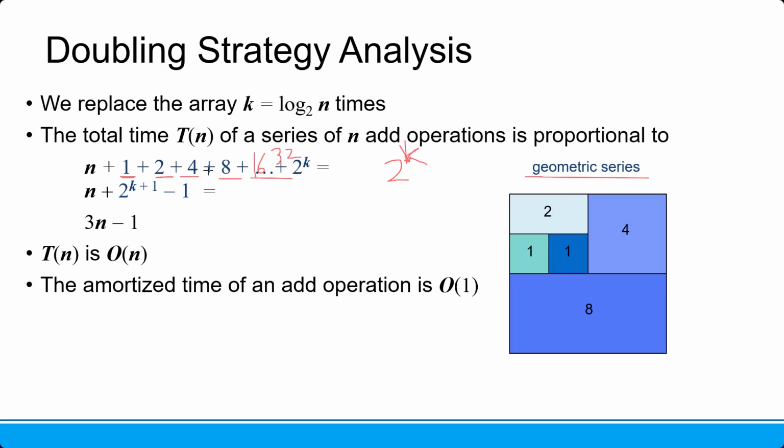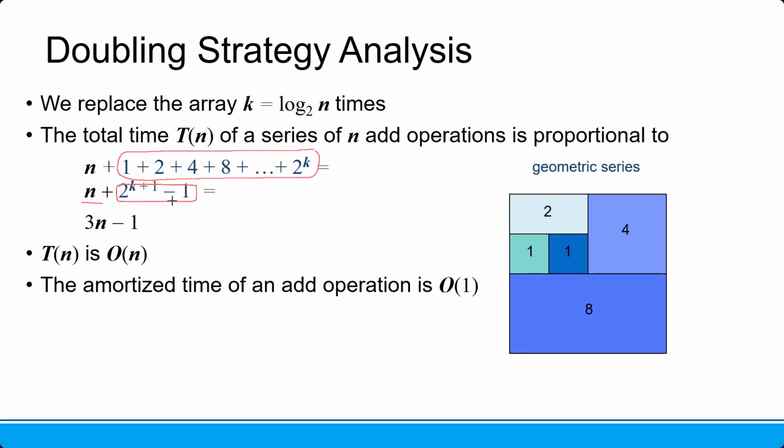Because it is a geometric series, the formula will be 2 to the power of k plus 1, minus 1. If you still remember your mathematics, 1 plus 2 plus 4 plus 8 up to 2 to the power of k equals this.